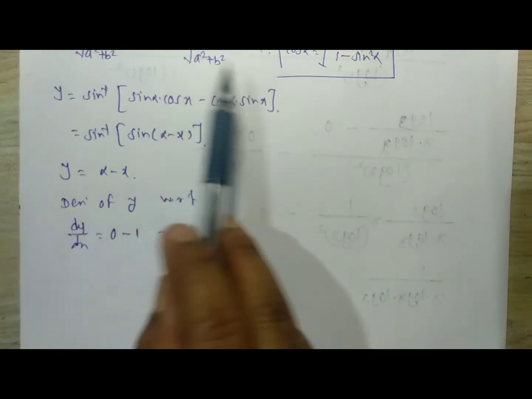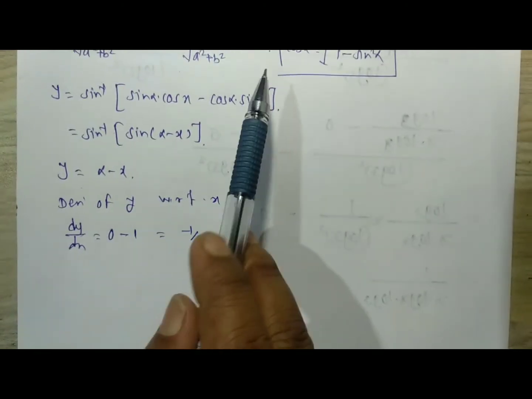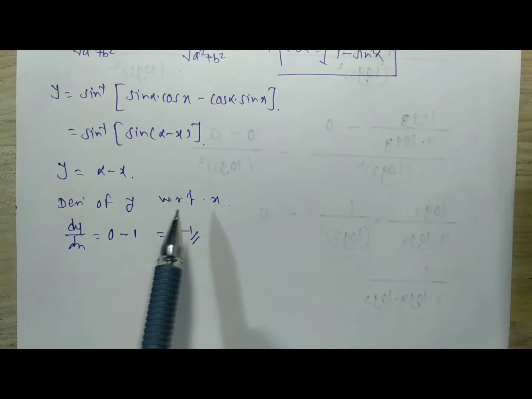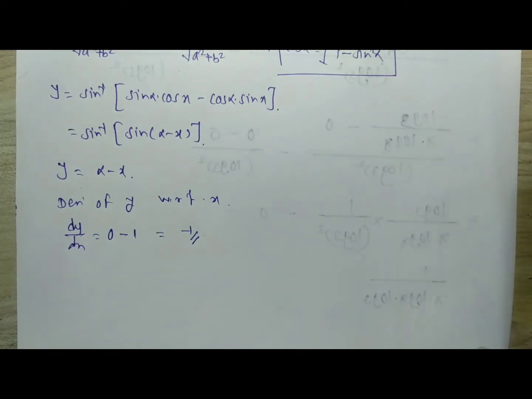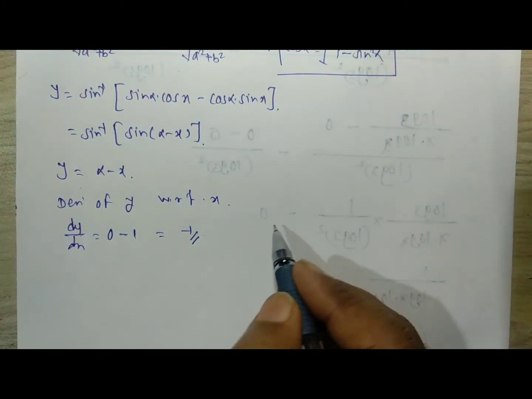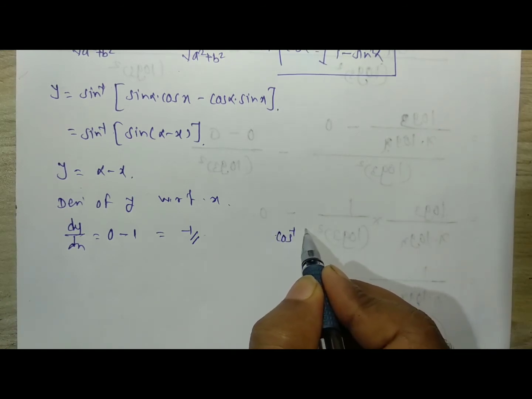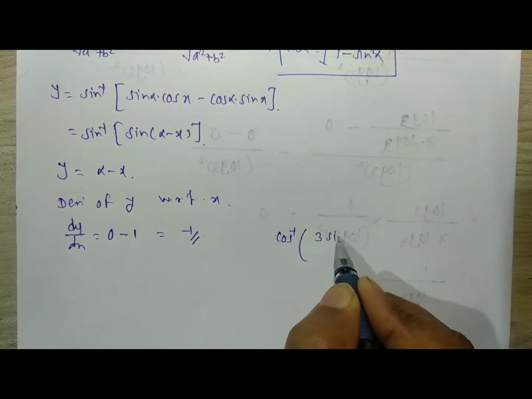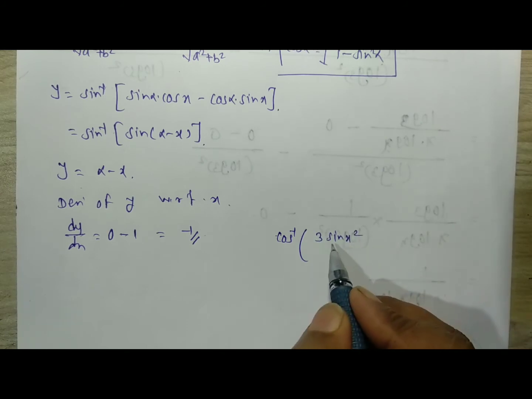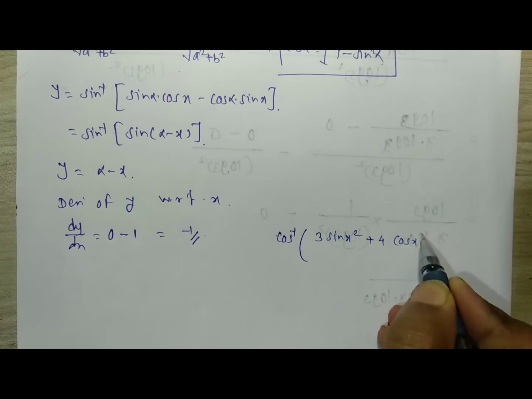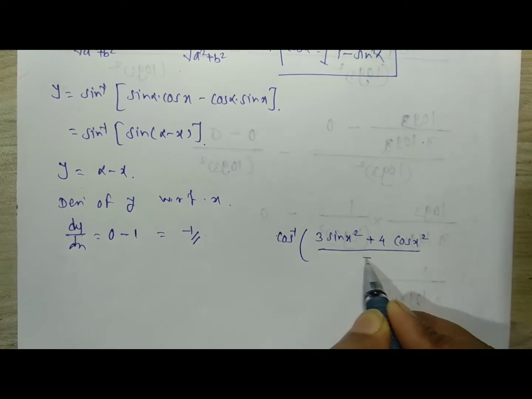First of all, we have to solve that example: cos inverse inside the bracket (3 sin x square plus 4 cos x square) divided by 5.